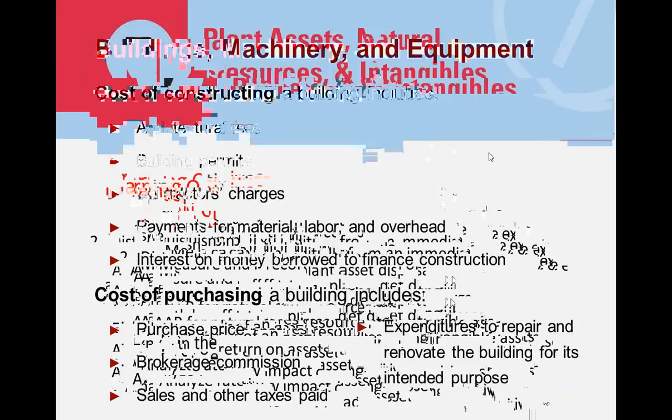If we are building a new building, or even remodeling a building, the interest on the money that we have borrowed toward that building until we occupy it is actually capitalized, or added to the cost of that building. And then it is depreciated over its useful life instead of just being expensed in the period.